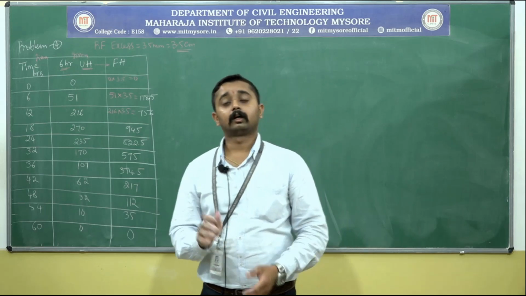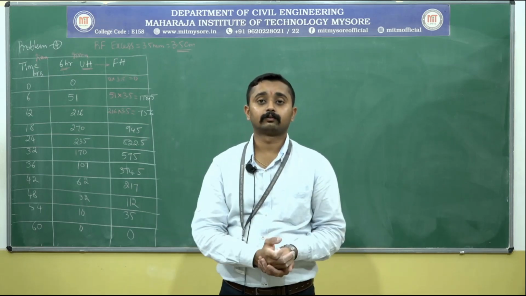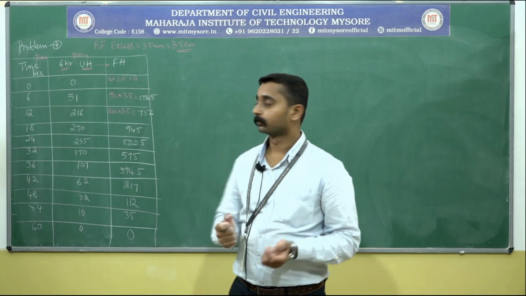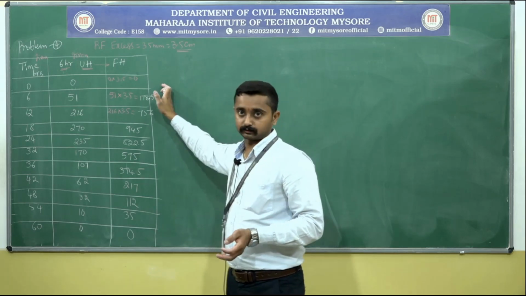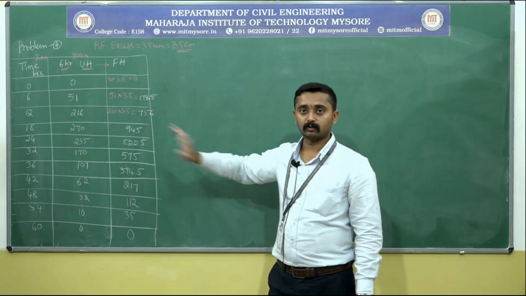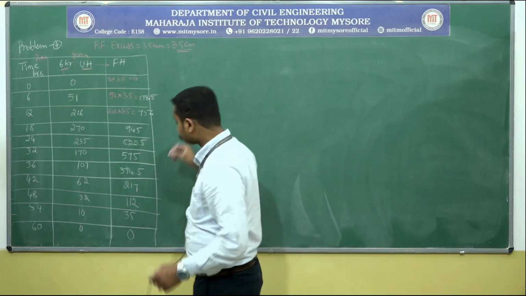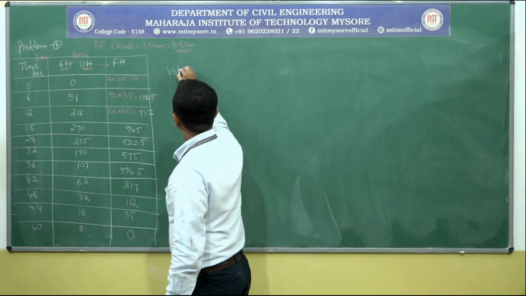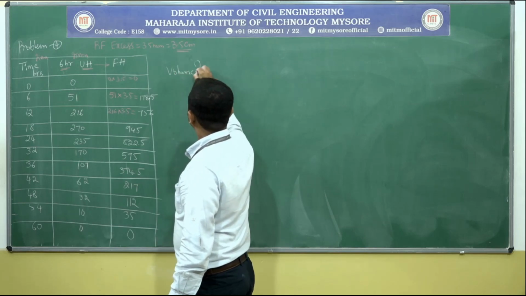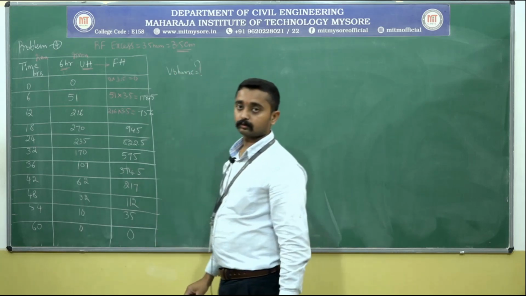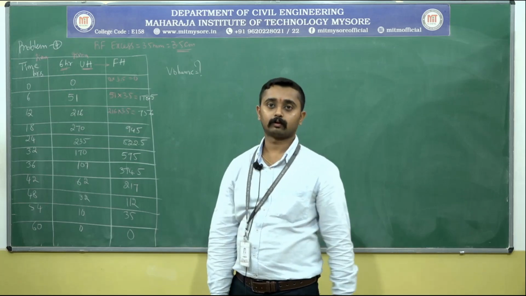In the problem, they are also asking us to find out volume, and this is also asked. This is flood hydrograph. One step is finished. Second part of the problem is calculation of volume. Okay, here we are going to make use of Prismoidal formula.